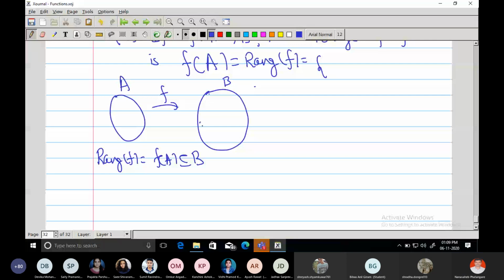Range means the images of all elements in the domain. So a point which is not in the range is outside the range, and for this element there is no pre-image, right? Do you understand?